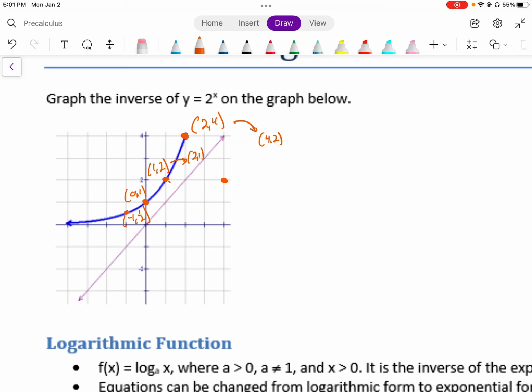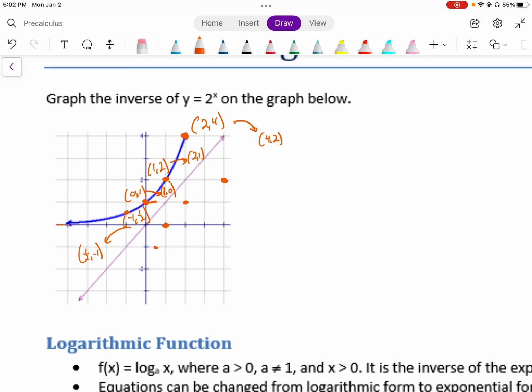So remember, to find the inverse, we just switch the x and y values. So there's the (0, 1). We switch the values and we get (1, 0). And the last one, this will be (-1, 1/2). That's that point.